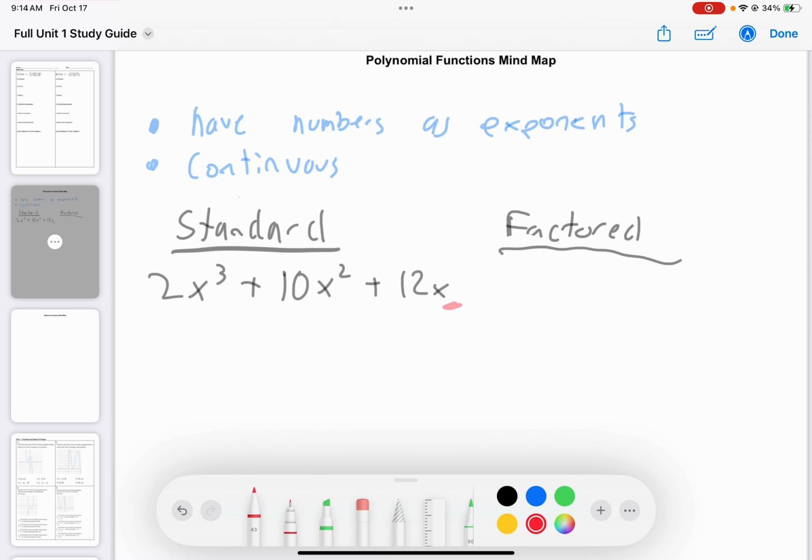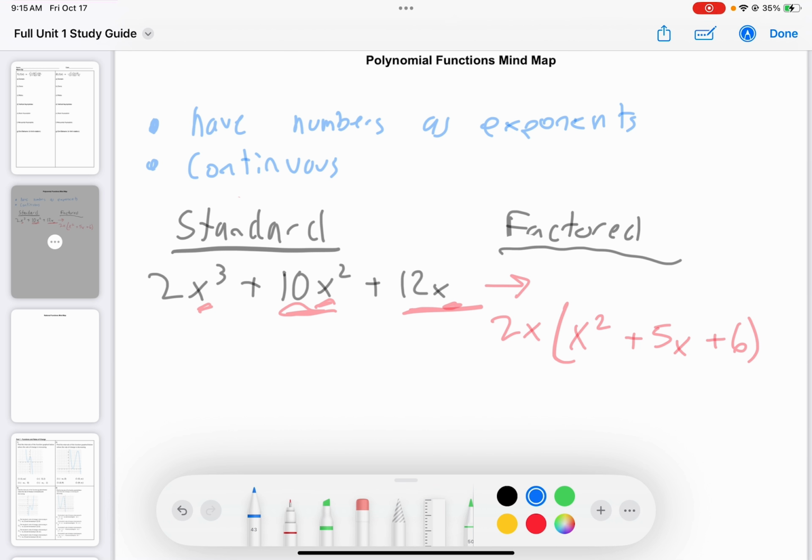I can see that all of these have at least one x in them, and they're all divisible by 2. So I can factor out a 2x. And so I'm really dividing each term by 2x. So here I'm left with x squared, here I'm left with 5x, and here I'm left with 6.